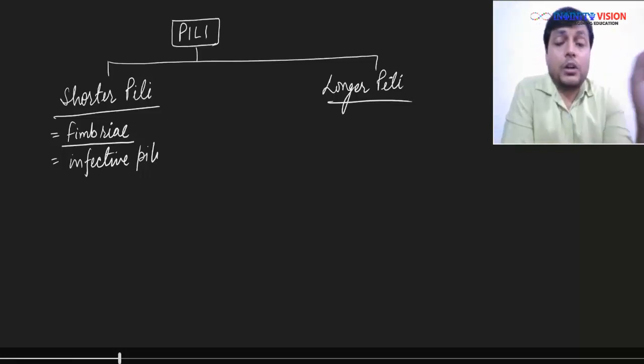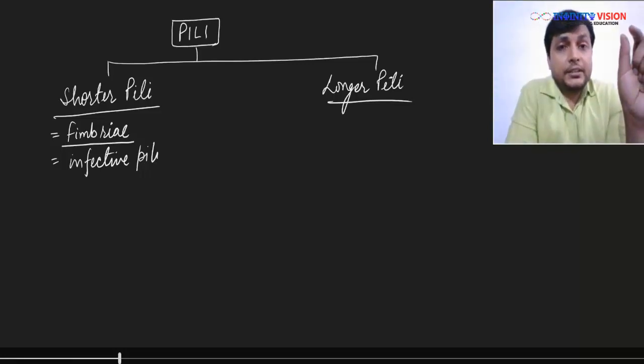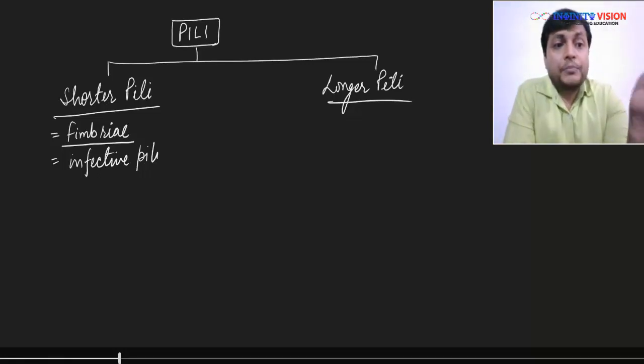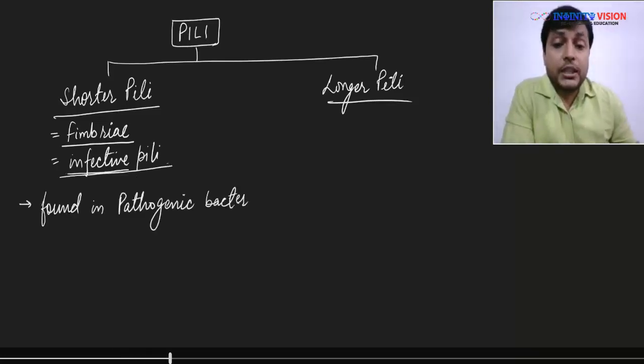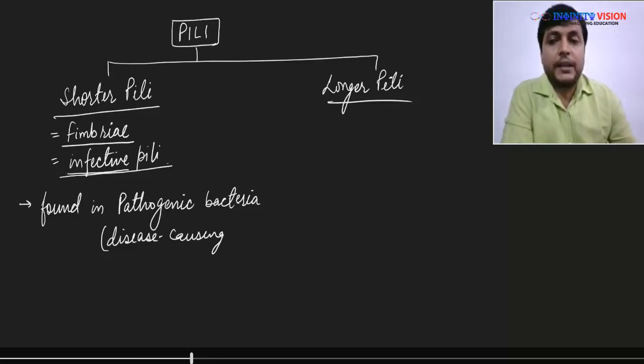So we are calling this shorter pili either fimbriae or infective pili. Why are we saying it infective pili? Because it is found in pathogenic bacteria, the bacteria which cause disease, which infect us, the bacteria which are infective to us, and that's why this pili is called infective pili.